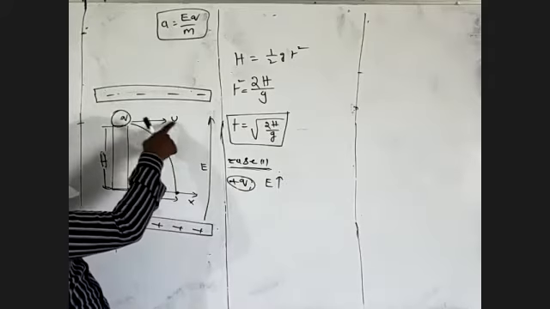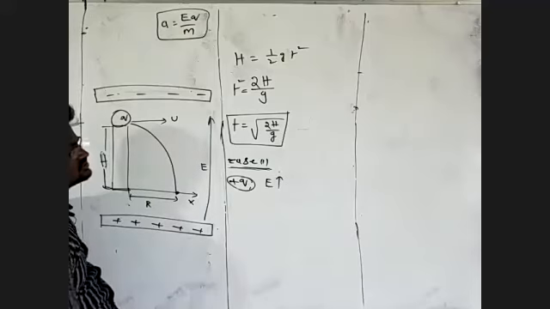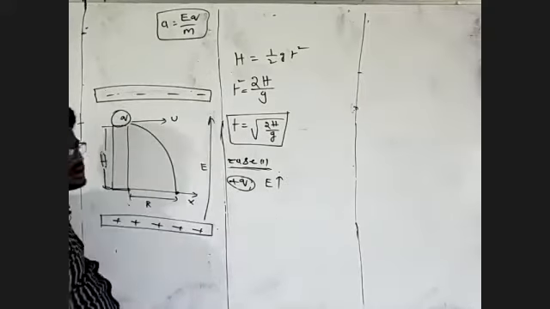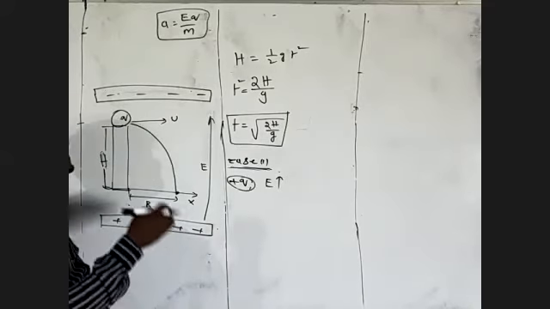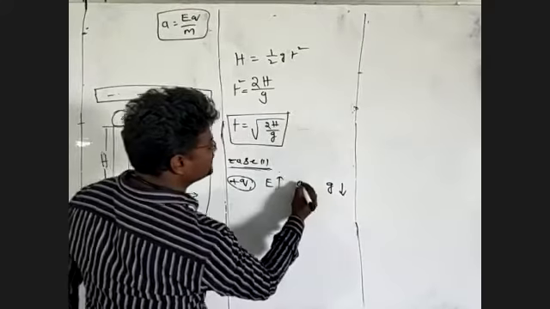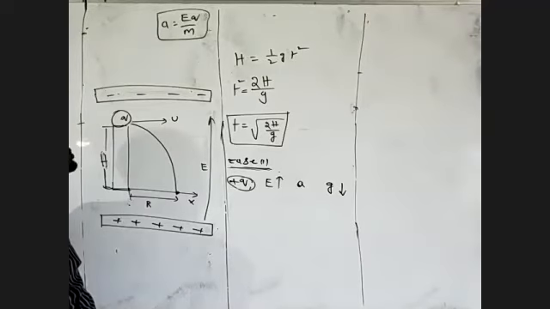The positive charge is projected with a velocity u in a horizontal direction. The direction of the electric field is from positive to negative, in an upward direction. But what is the acceleration of the charged particle? Acceleration due to gravity is always in the vertical direction.